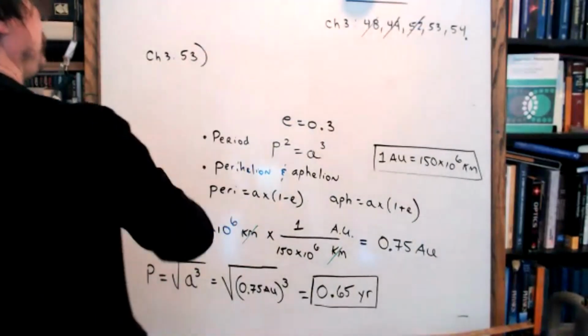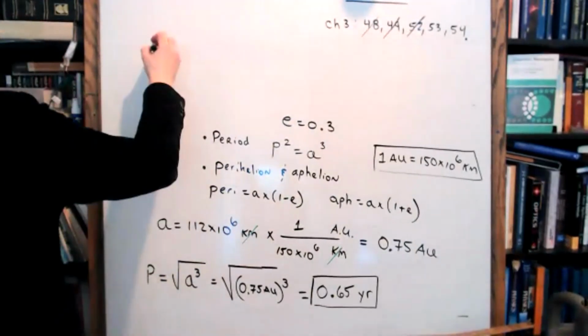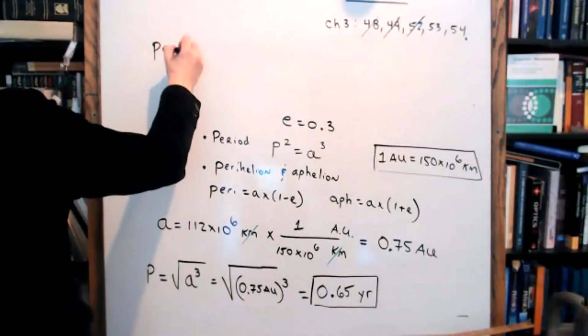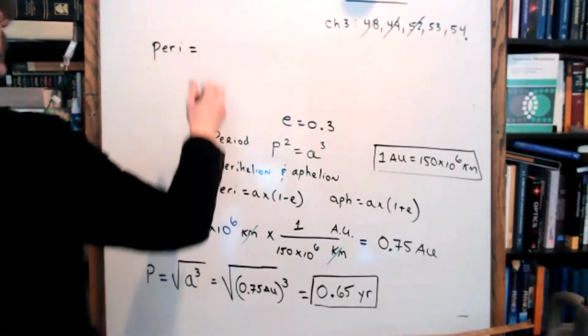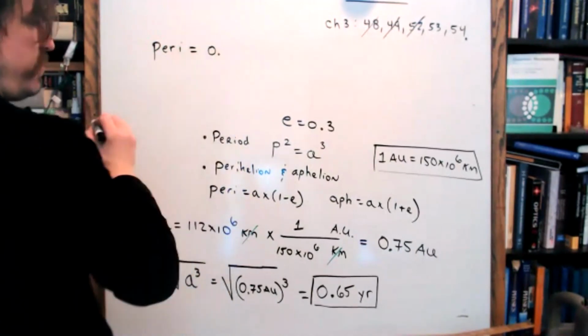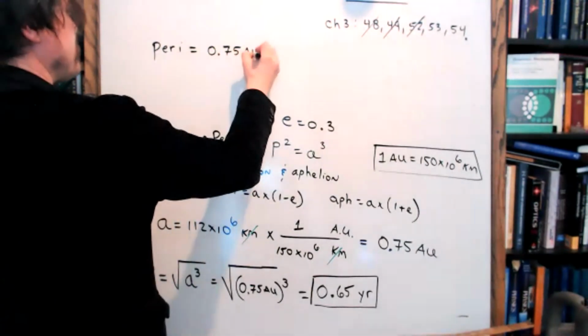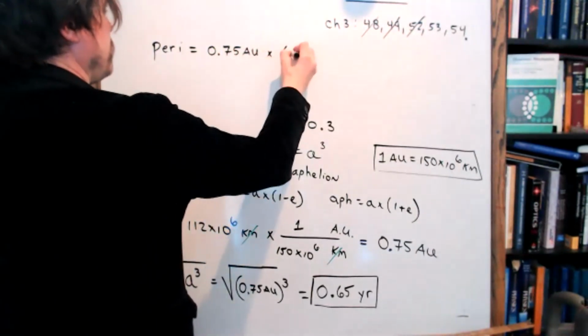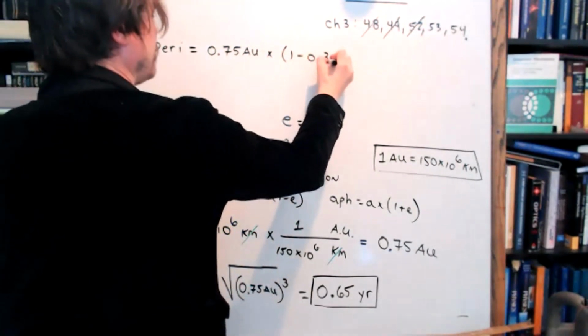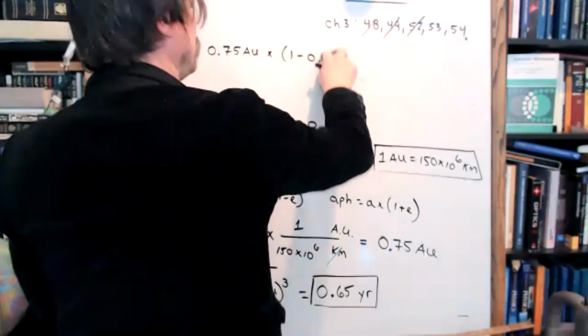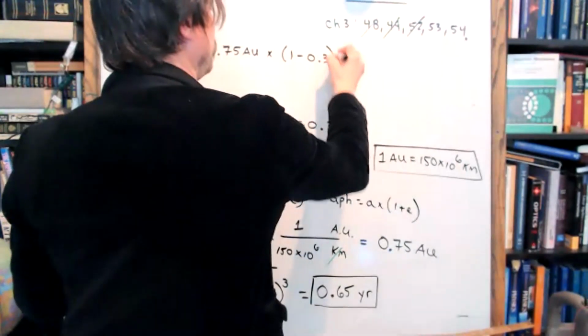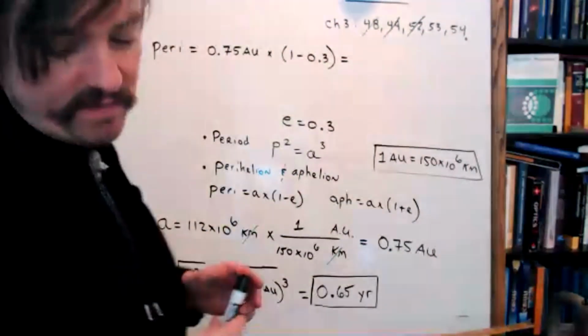The perihelion is A times 1 minus E, so we'll put in 0.75 AU times 1 minus 0.3. Why don't you guys punch it in, see if you can get the right answer without me first.